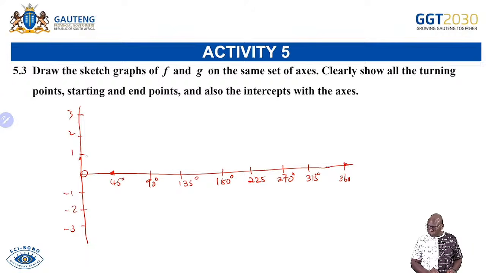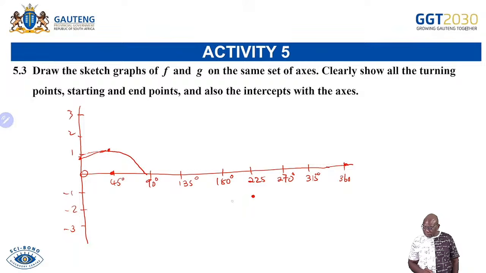Sorry. So at 45, it's going to be 1. So the graph will start there, and from there it will go to 90. At 135, it will be somewhere there. At 180, it will be somewhere in there. At 225, it will be at -1.